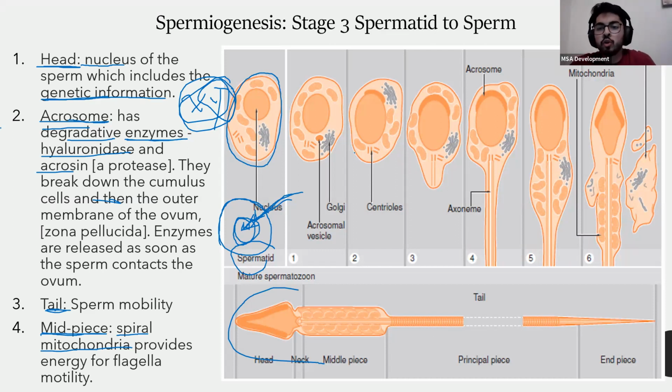It doesn't need it. It's going to cause problems. We're going to discuss more about these problems in the following lecture. But for now, you need these spermatids to get rid of this excess cytoplasm in order to look like the sperm that we know.